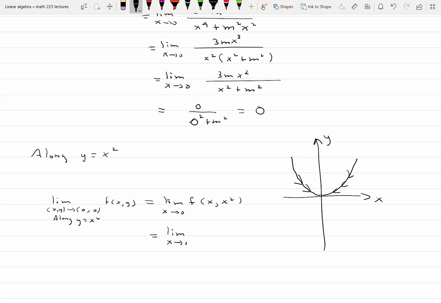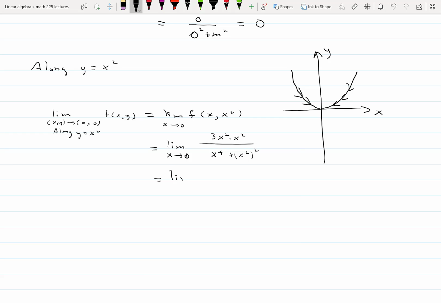So this is the limit as x approaches 0. The function was 3x squared y, so 3x squared times x squared, over x to the 4th plus y squared, which is x squared squared.